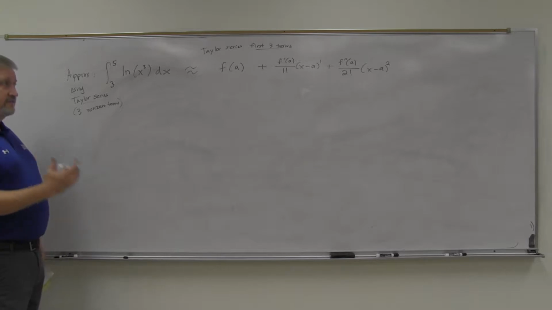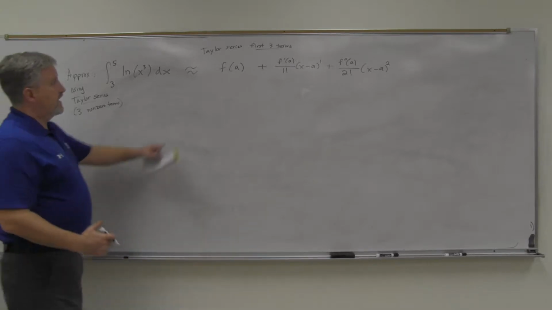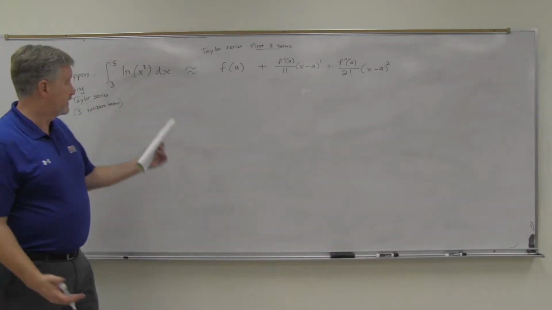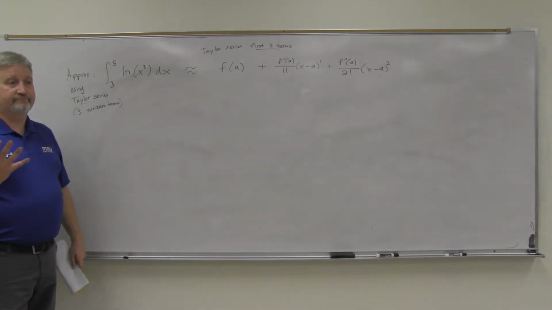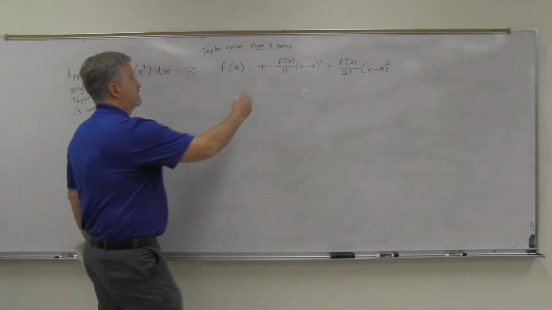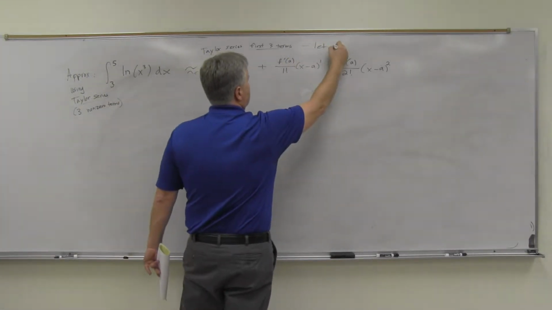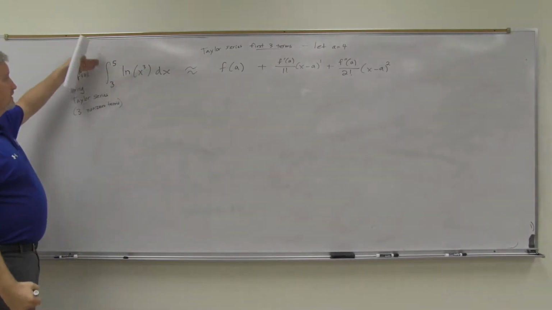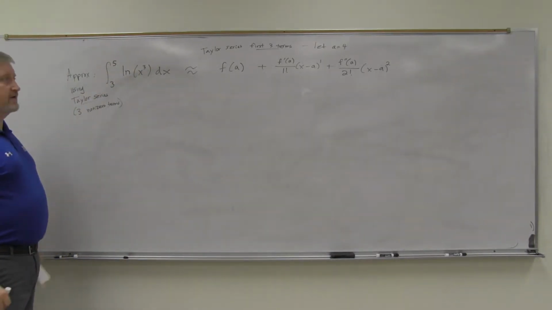But now, here we have a choice. a is our center, and so we can center it where we want to. Well, 3 to 5, center at 4. Yeah, since that's right smack dab in our limits, let's center it at a equals 4.